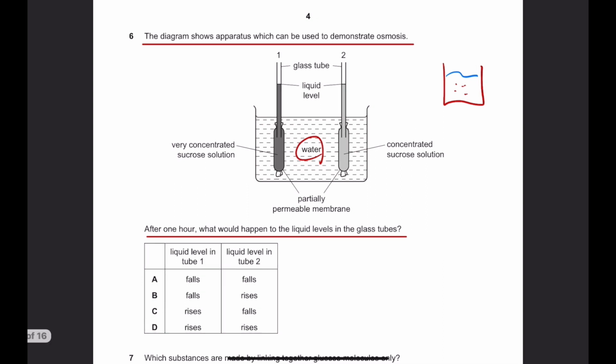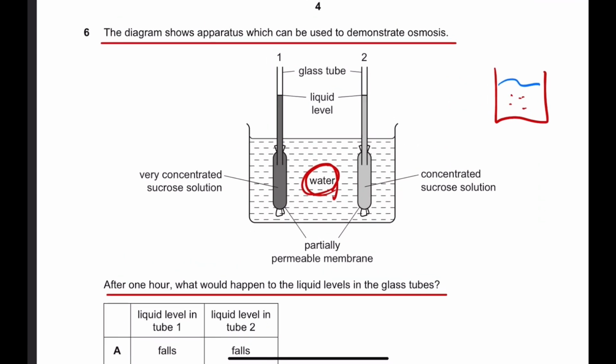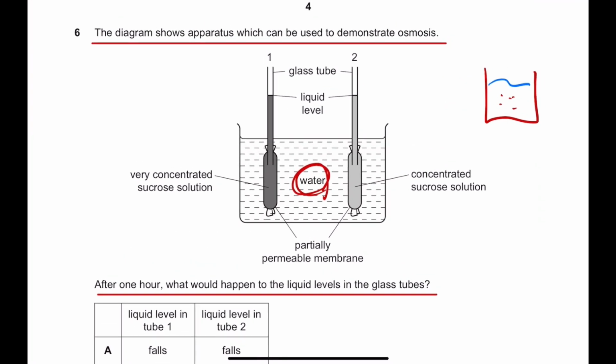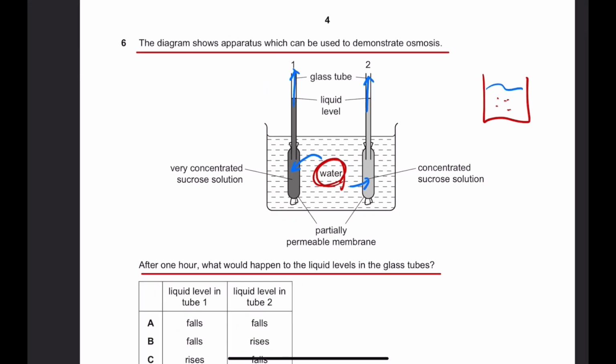So if you compare to the outside, now there's more sucrose molecules in the solution, so there's less water, which means the water outside will move into the solution. Same thing will happen here as well on the right side. So if the water goes into the left side and the right side of the tubes, then both liquid levels will rise, right?